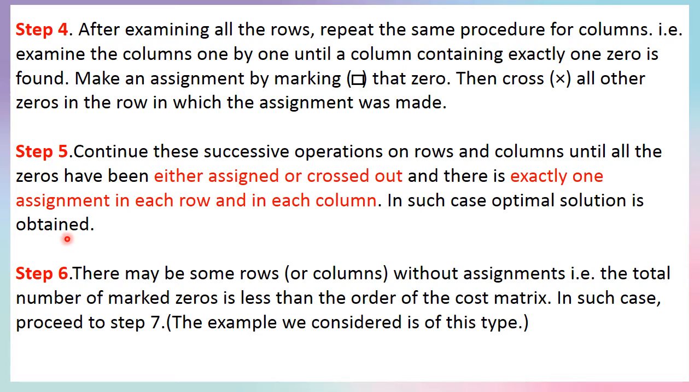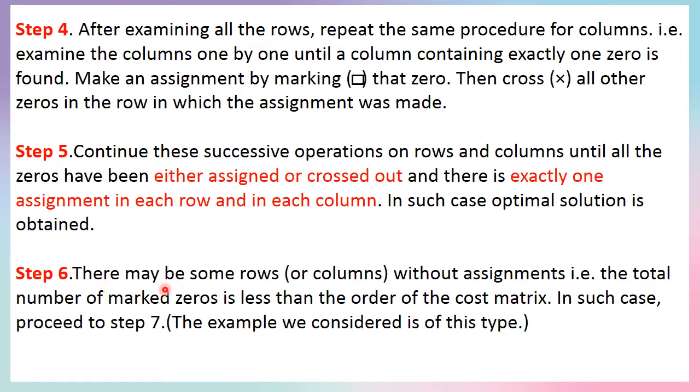That is, after drawing the boxes and crossing out the zeros, we have to check whether there is exactly one assignment in each row and in each column. If each row and each column has exactly one assignment, then we say that the optimal solution is obtained. If this is not the case, that is step 6.